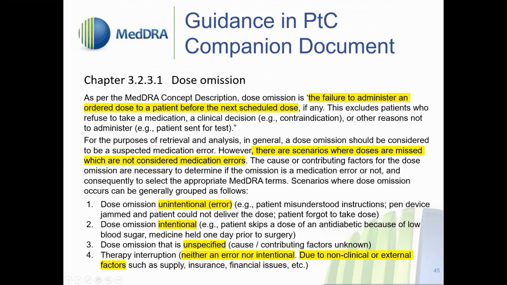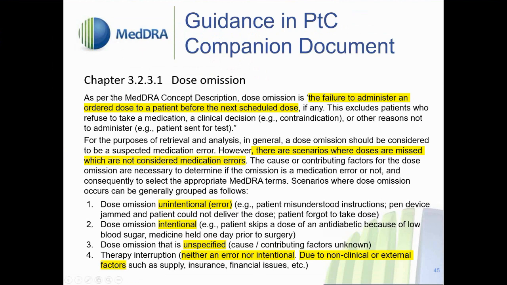And the last bullet point here explains about PT therapy interrupted. And this PT does not refer to any of the previous scenarios. This PT should only be used to code incidents that were caused by non-clinical or external factors such as supply, insurance, financial issues, meaning that such scenarios are not under the control either of the healthcare professional, patient, or consumer.